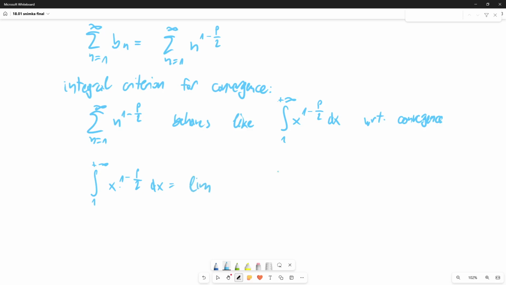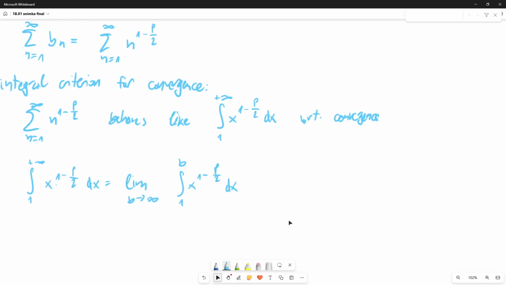It's an improper integral, so we will calculate it as a limit of an integral from 1 to b, as b goes to infinity, of this integrand x to the power of (1 minus p) over 2.